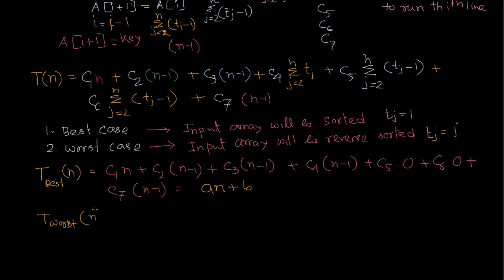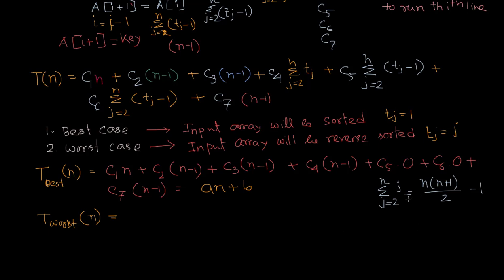So if I just take the value of n over here, now when tj equals j, that means we have two terms over here, right? So if I write it down here, summation j equals 2 to n of j. Now this will be equal to, I think you already know, n into n plus 1 by 2 minus 1.